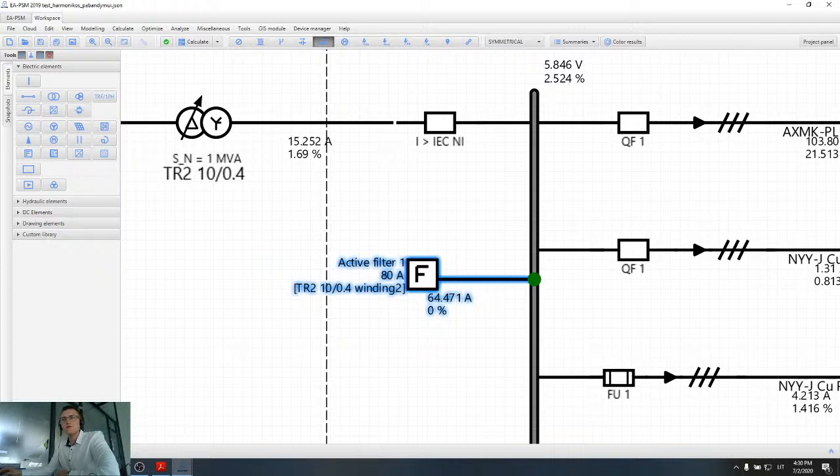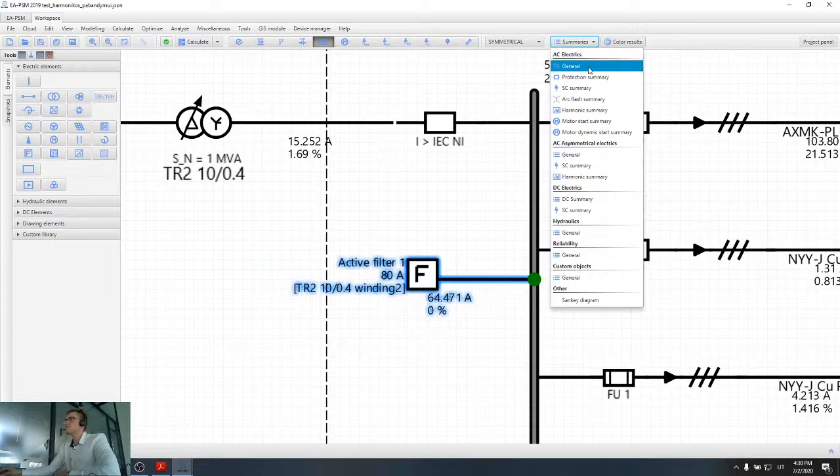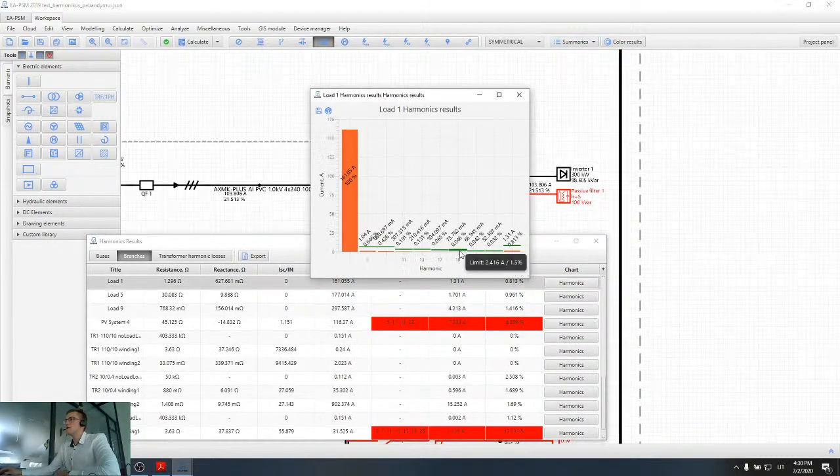Then there is a question: what is the permissible limit of the harmonics? It depends on the standard you are looking at. You can go to the Harmonics Summary and check what limits are used in our software, like for the fifth harmonic 4%, for the seventh harmonic 4%, and so on. However, these limits also depend on how powerful your network is, and network power is described by short circuit current.